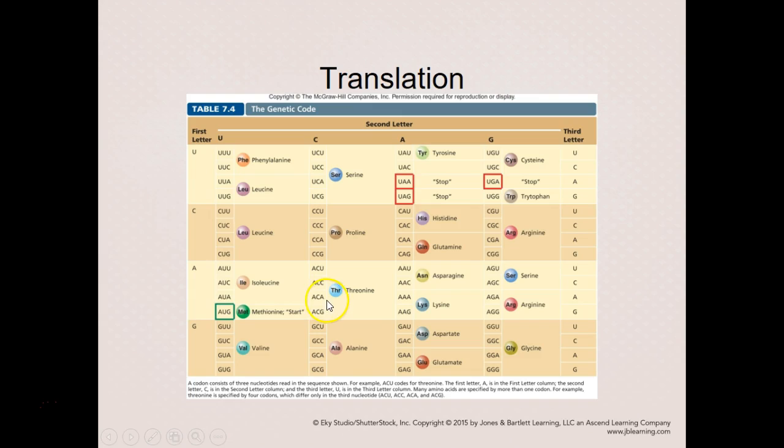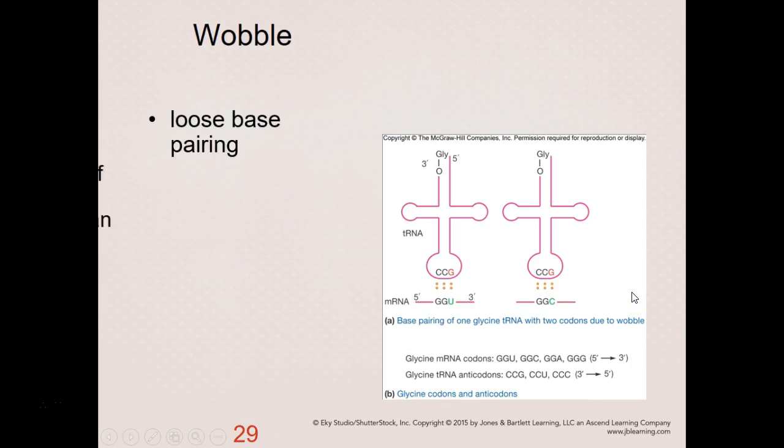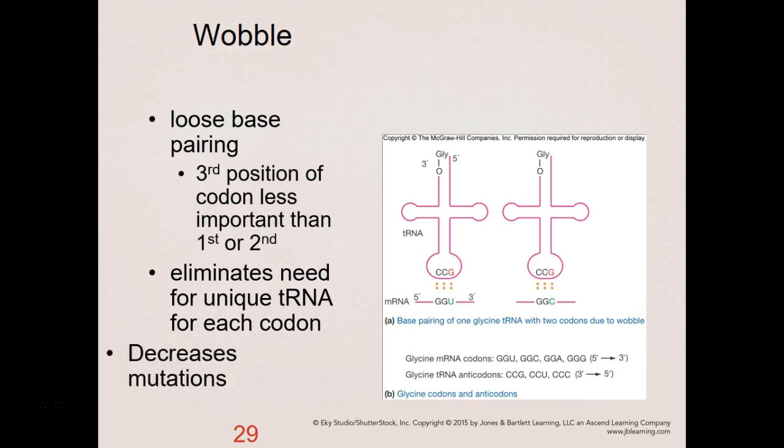ACU, ACC, ACA, and ACG code for threonine. Some of them only have one code though. So an example, methionine. AUG is the only thing that codes for methionine. Here's glutamate. Glutamate only has two codons that code for it. And this is what helps to decrease mutations.